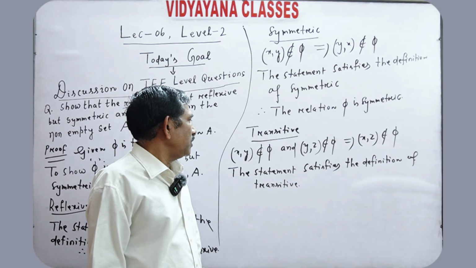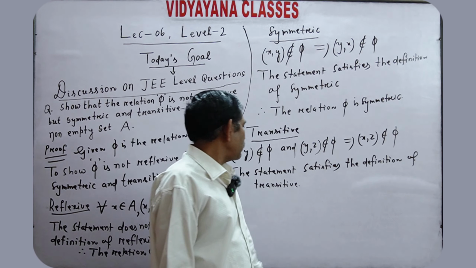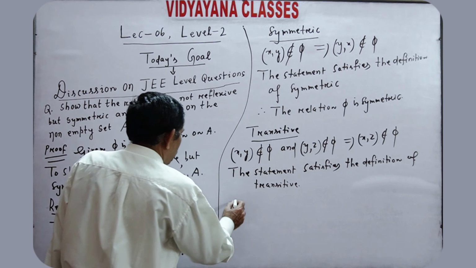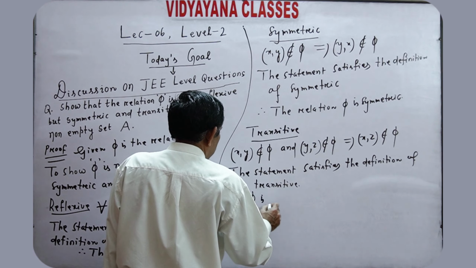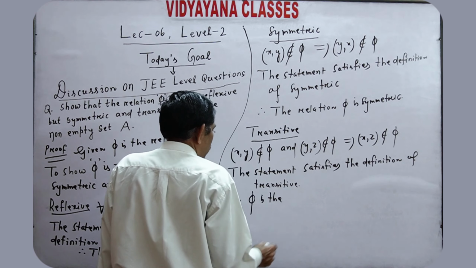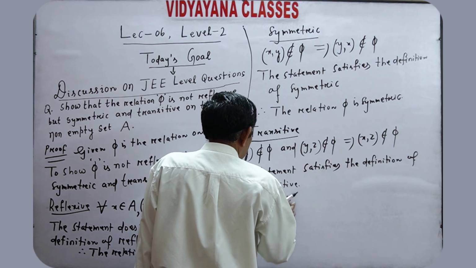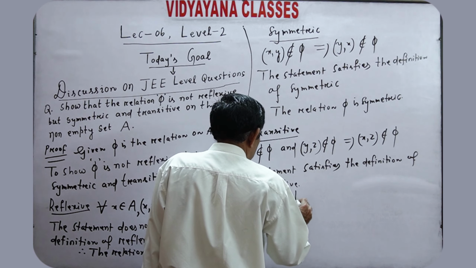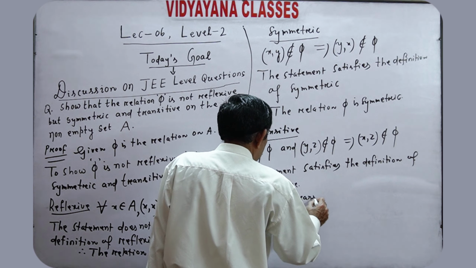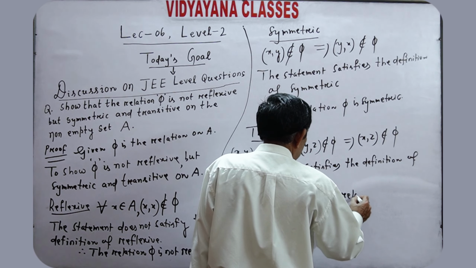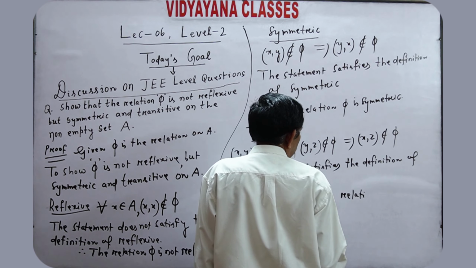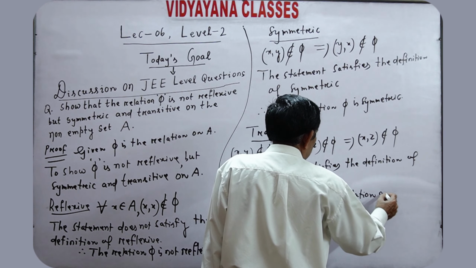The statement is true. The statement satisfies the definition of transitive. Therefore, phi is the transitive relation on A.